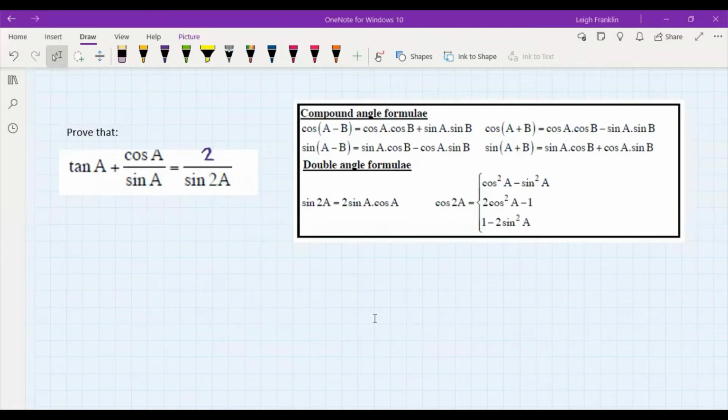No problem at all. This is one of those sorts of questions where you could do something to the left-hand side to make it look like the right-hand side, or you could work with the right-hand side separately. It wouldn't matter with this particular question.